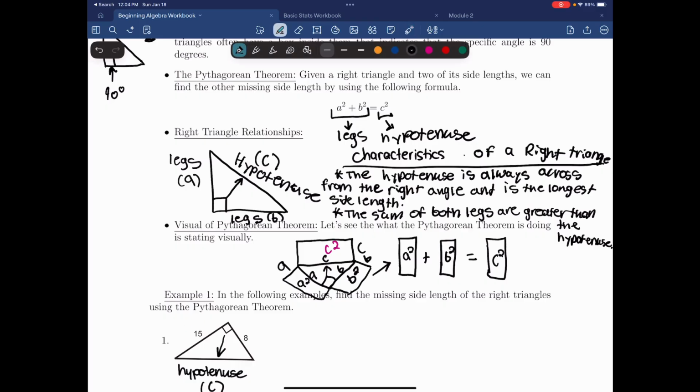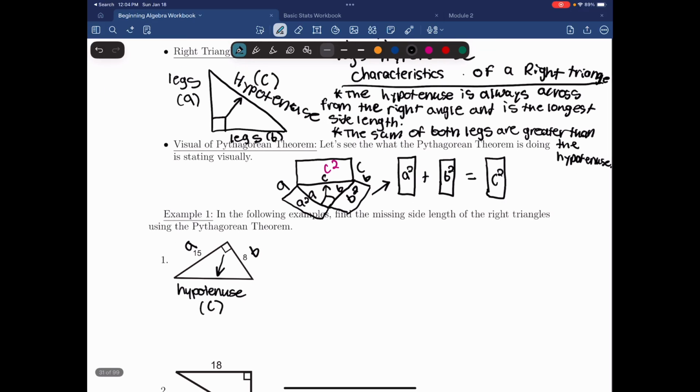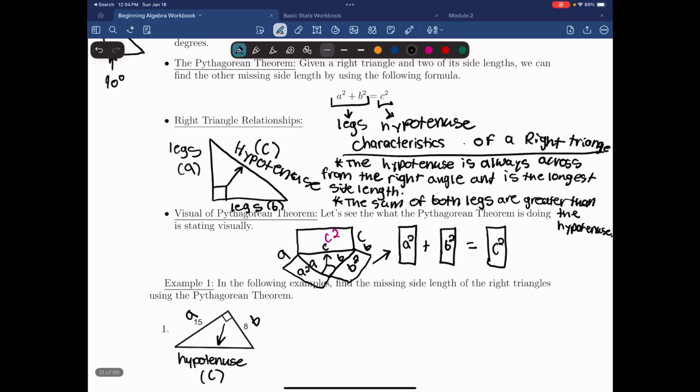And let's say that 15 represents our side length A, and this is our side length B. So all we have to do now is directly plug in the numbers that we have. We said A is 15, so we're going to say 15, but A is squared, so we need to square that. And then we're going to add B squared, and B is 8, so we're going to have 8 squared.